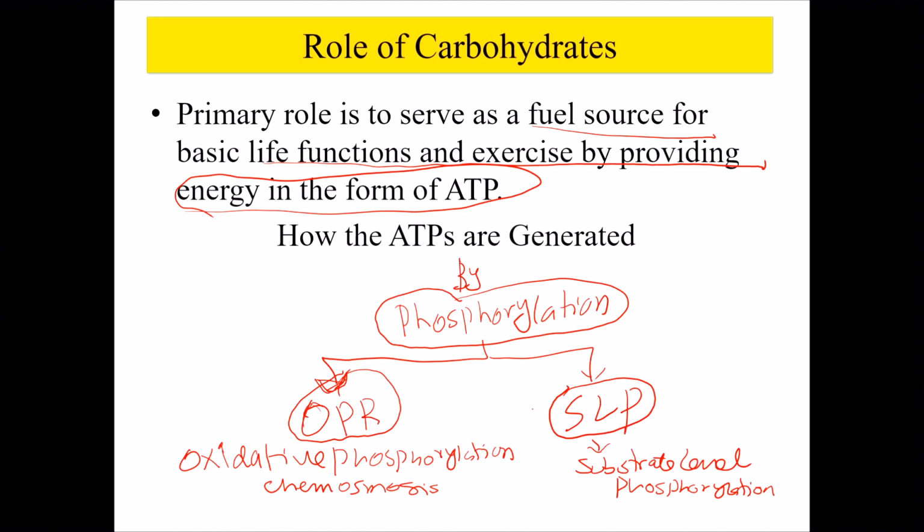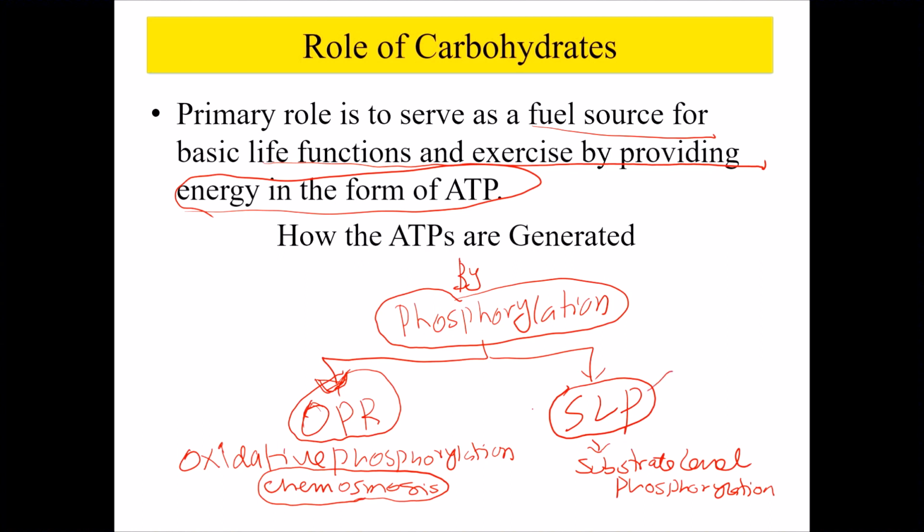What is oxidative phosphorylation? Oxidative phosphorylation, also called chemiosmosis, is a process in which reducing equivalents take hydrogen from the site of the reaction to the mitochondria into the electron transport chain, where the reaction takes place with the help of several enzymes, and it provides a huge amount of energy.